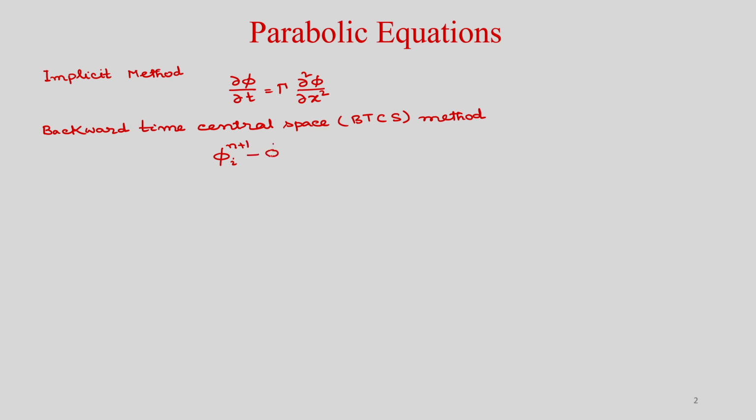Same thing, I is the grid index and the time level we denote with the superscript n or n plus 1, where you know that n is your previous time, and n plus 1 is your present or current time.